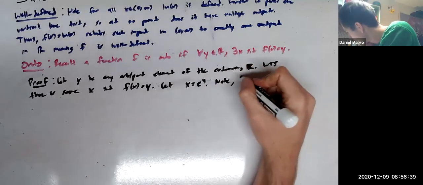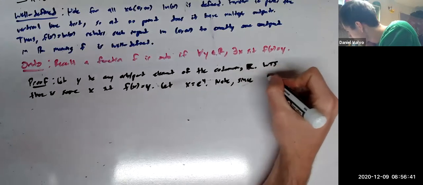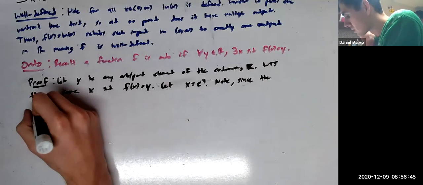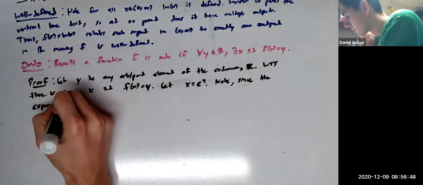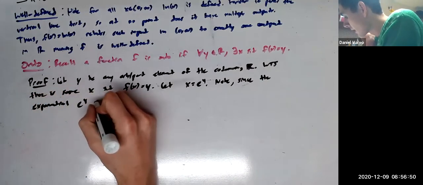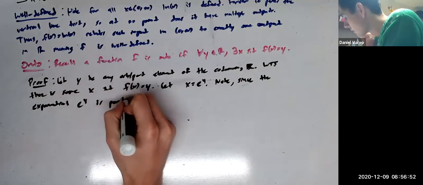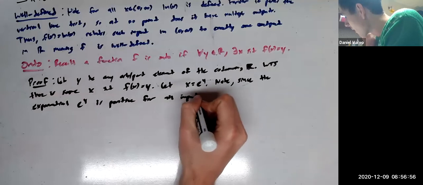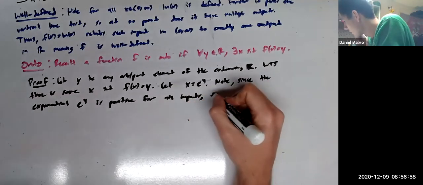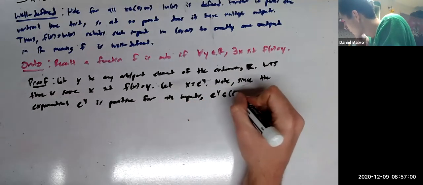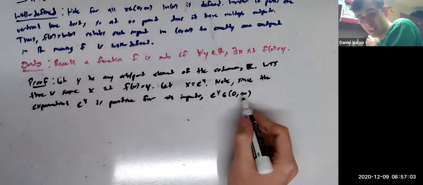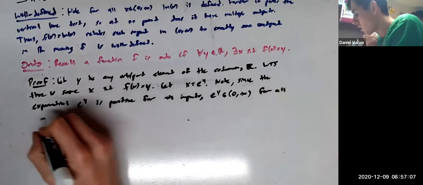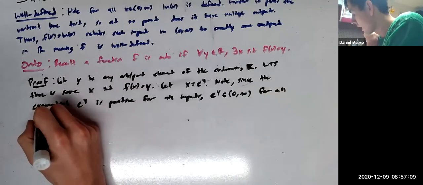Note, since the exponential e to the y is positive for all inputs, e to the y is going to be in (0, infinity). This is our set of positive numbers for any y.